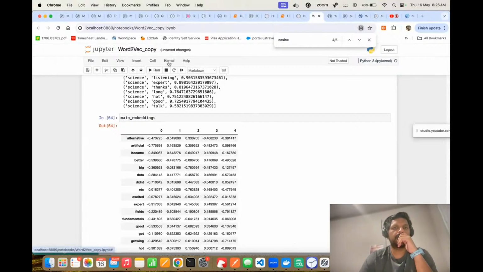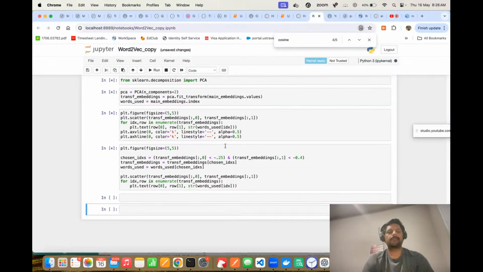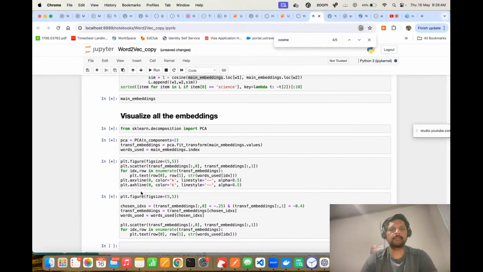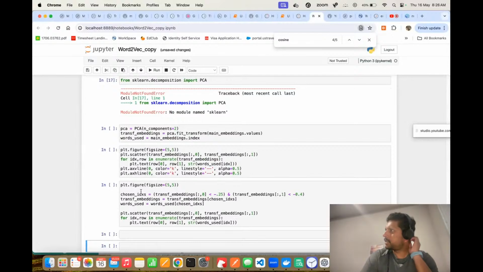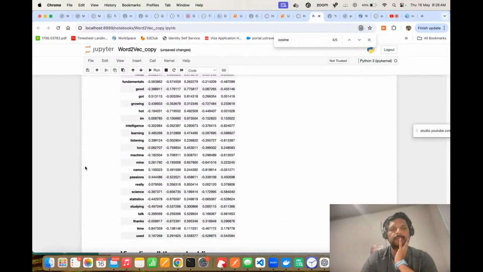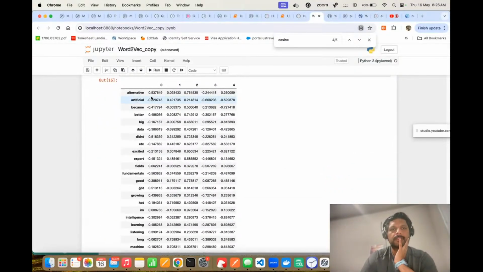If I go kernel, restart and run all, it'll take some time. I should have copy pasted those values. We need to see whether the embeddings will be the same or different. They will be different, obviously, as for math. See, 0.531649.